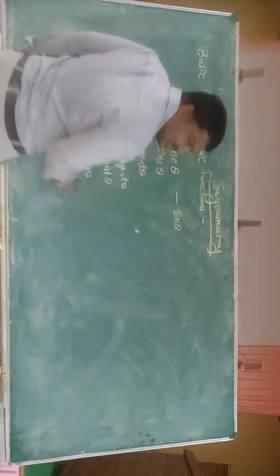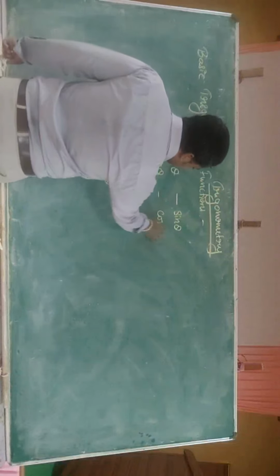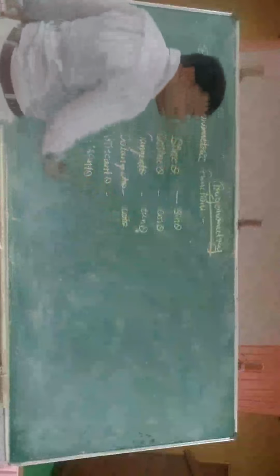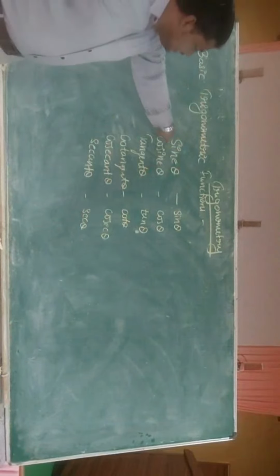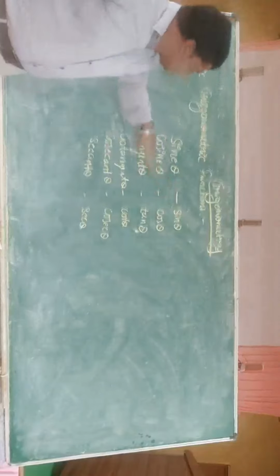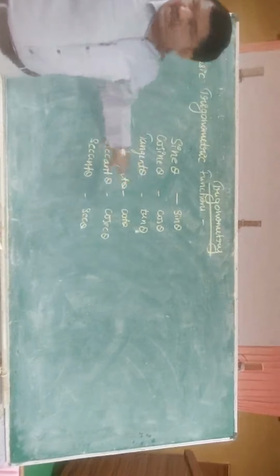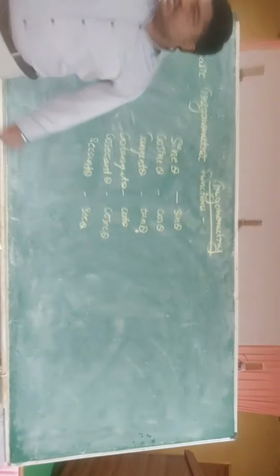So in short, sine you can write as sin, cosine as cos, tangent as tan, cotangent as cot, cosecant as cosec, and secant as sec. Sin theta, cos theta, tan theta, cot theta, cosec theta, sec theta.